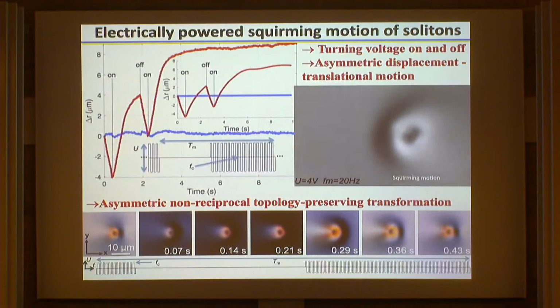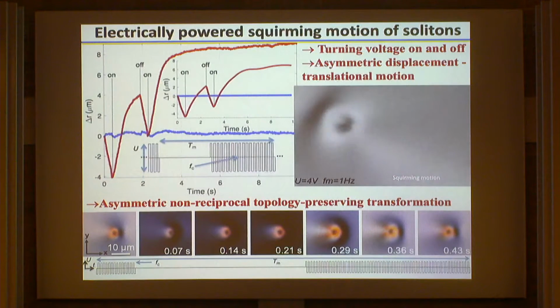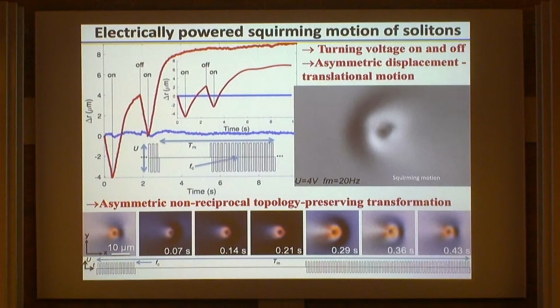And I should also note that the reason for this asymmetry in response and evolution of the director field is that as we apply voltage, we have electric torque, elastic torque present, and also viscous torque due to rotational viscosity competing with them. But when we turn the voltage off, in this case, only elastic and viscous torque are present.